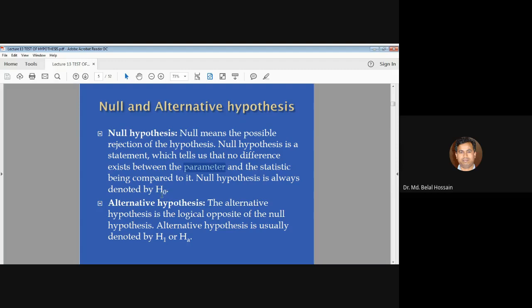This 0 in the null hypothesis says not, that means null, that there is no difference.